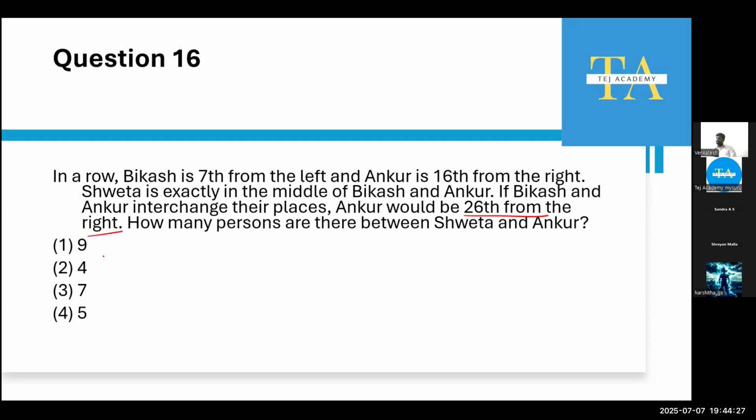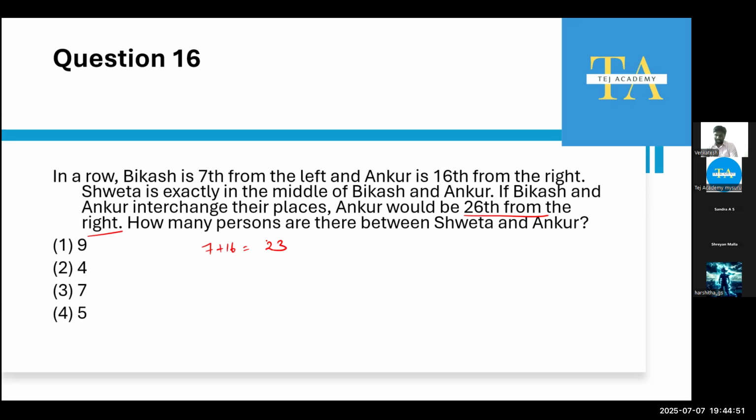How many persons are there between Shweta and Ankur? So Bhikshu is on the left and Ankur is on the right. One position is left and another position is right. You can add the positions. 7 plus 16, how much? 23.